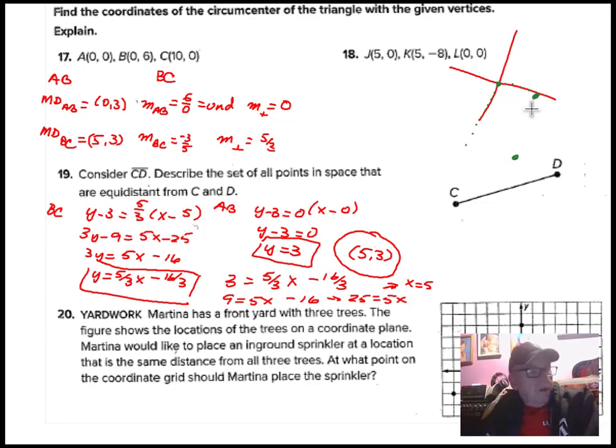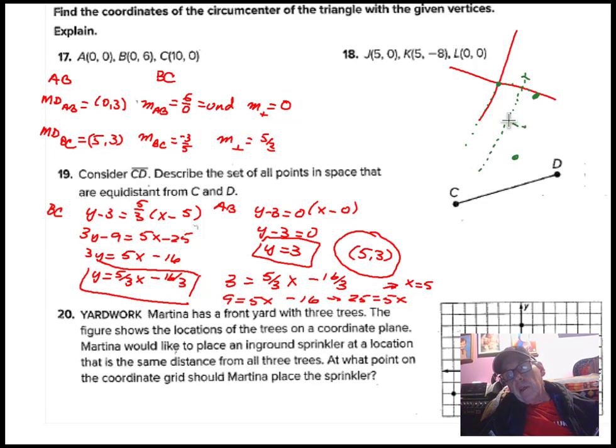And what we need to do is find the perpendicular bisectors. So the perpendicular bisector of this one side is going to be down through here. The perpendicular bisector of this side is going to be through there like this. And the perpendicular bisector of this side is going to be up through here like this. So approximately here is going to be the center, which looks as though it's over 1, 2, 3, down 4.